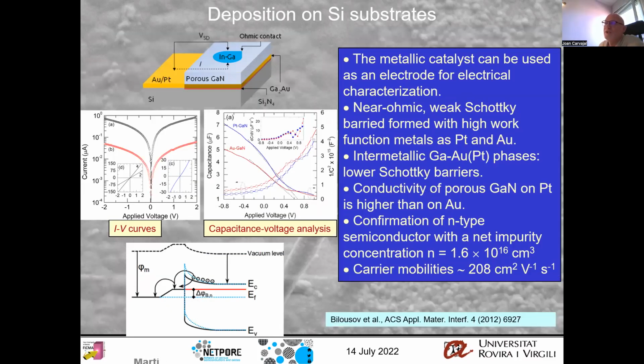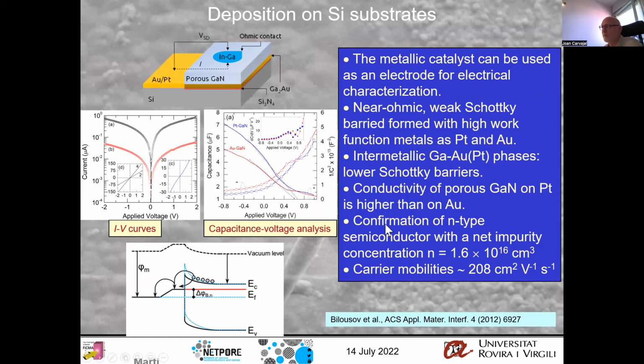Another advantage of using this metallic catalyst is that we can use it as an electrode to characterize the samples electrically. What we observed is that we had a near-ohmic, weak Schottky barrier, formed by high work function metals such as platinum and gold. In fact, it is this intermetallic gallium-gold or platinum alloy that lowers the Schottky barriers.